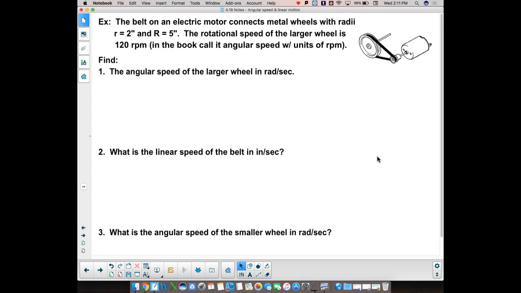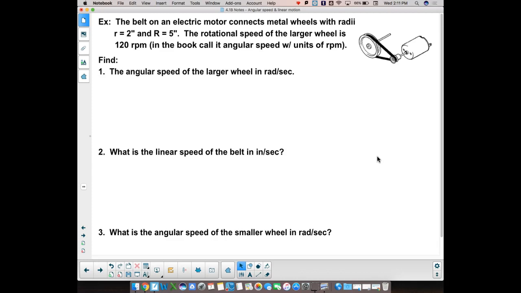But in terms of speed, I should have said instead of what's constant, in terms of speed, what's the same on both? Which speed is the same on both? Angular, rotational, or linear? Linear. Linear is the same. That belt or that chain is always moving at the same speed, no matter where you are on that belt or on that chain. For instance, this picture right here.